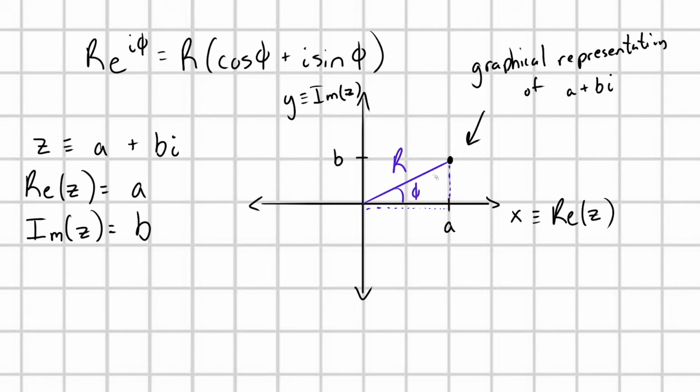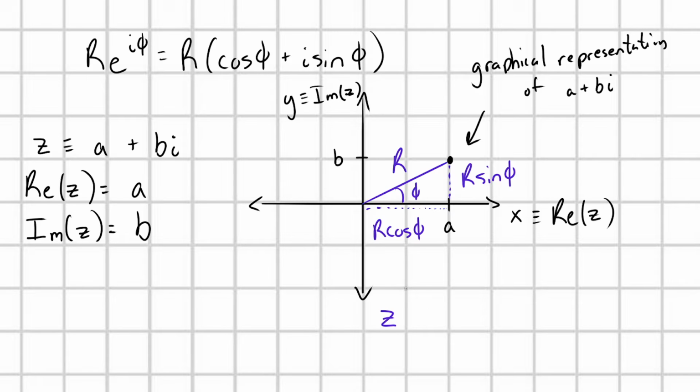Well, if I'm given some radius r and some angle phi, could you tell me what this component on the x-axis is? Well, of course, this is r cosine phi. And of course, on the y-axis, this is r sine phi. So, what's our total complex number z?